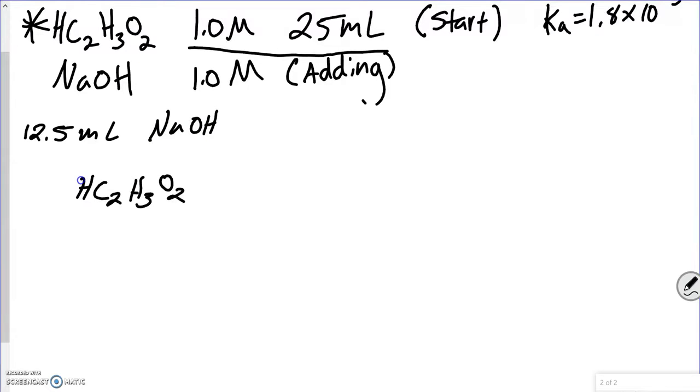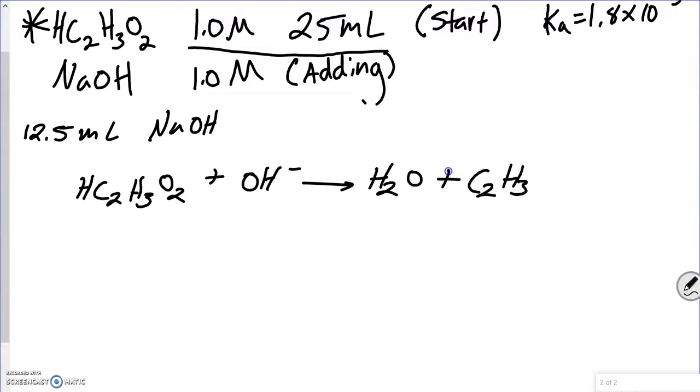Well, it's the acetic acid plus the sodium hydroxide, which a lot of times we'll write as the hydroxide ion because, again, net ionic, the sodium's there, we're just not writing it, to form water and the acetate ion.